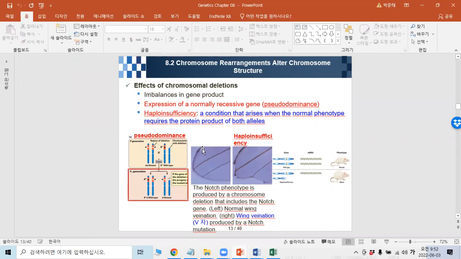Usually they require both proteins to make it smooth, but in this case they only have one. Haploinsufficiency makes this kind of structure, and haplosufficiency makes the obese mice like this.